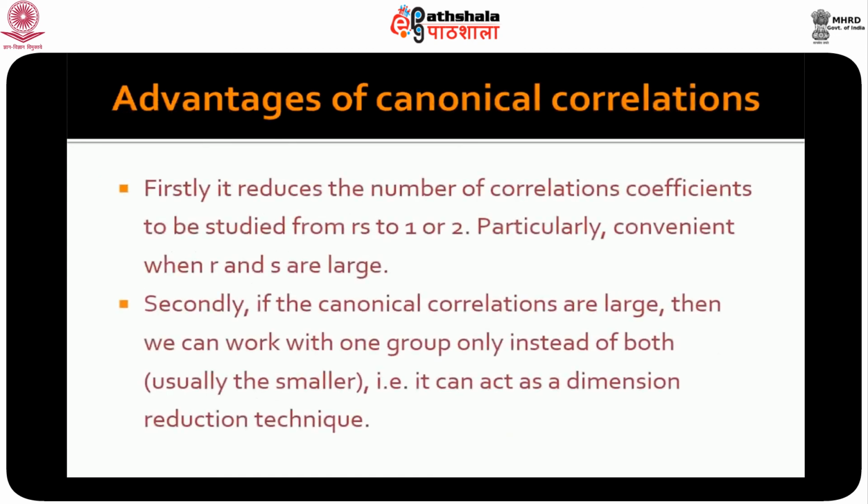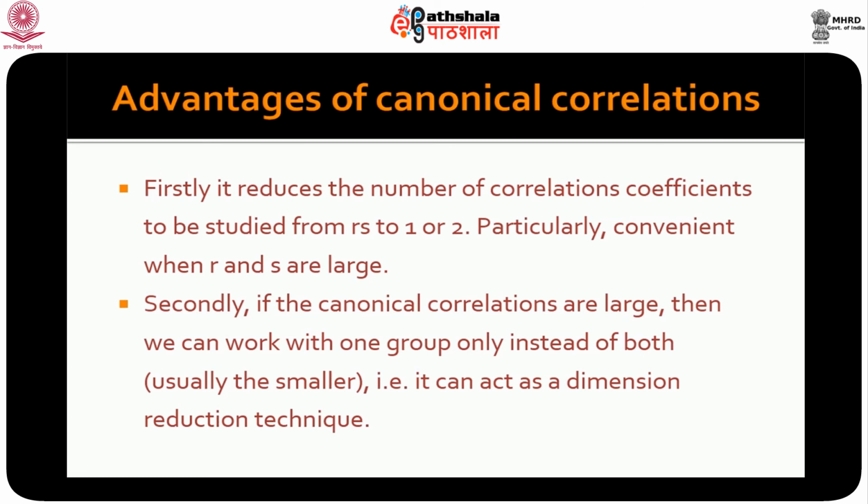Now, to wind up, what does this help us to do? If we see that two sets of variables are very highly correlated, the first thing that we need to look at is, this is a summary result. Okay? So, the way you do your multiple correlation, you can do your canonical correlation as well.